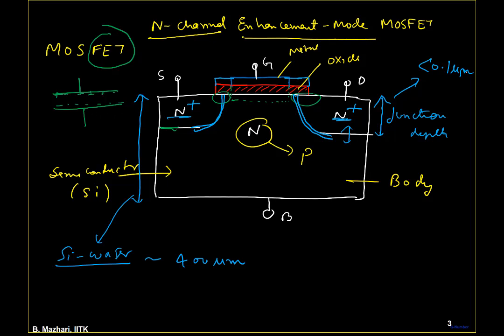If we were to draw this diagram to scale, the diagram would look very funny. You wouldn't be able to see the N plus and the channel and things like that. So for that reason, please take it that the diagram is not drawn to scale, okay? Keep in mind that this is 400 micron and this would be less than 0.1 micron.